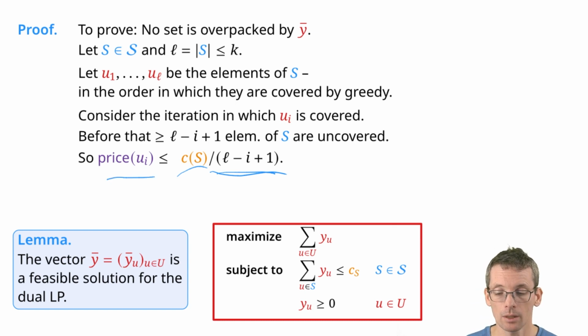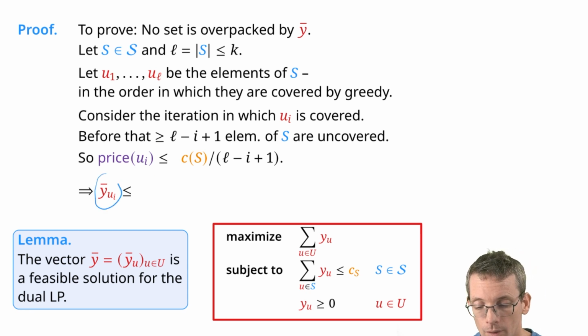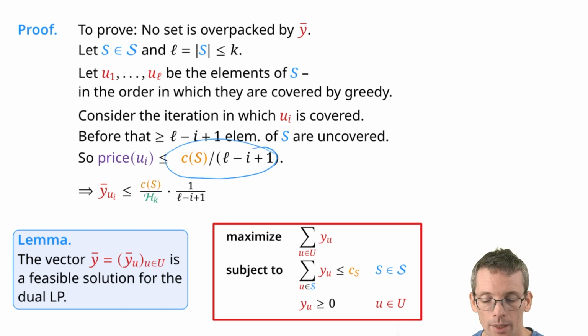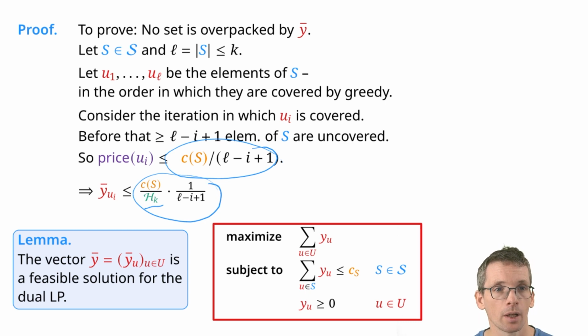Now this means that the corresponding dual variable for that element U_i is this number, the price, divided by H_k.